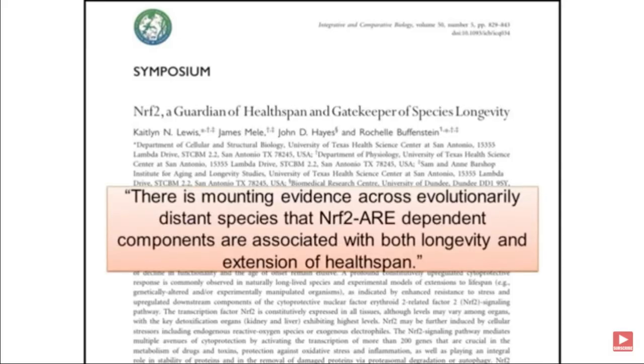And this is one of their conclusions. There's mounting evidence across evolutionarily distinct species that the Nrf2-dependent components are associated with longevity and extension of health span, meaning that the individuals age, but they stay healthy longer through their aging process.